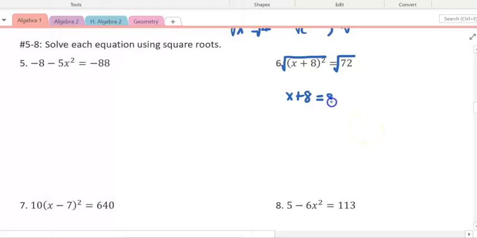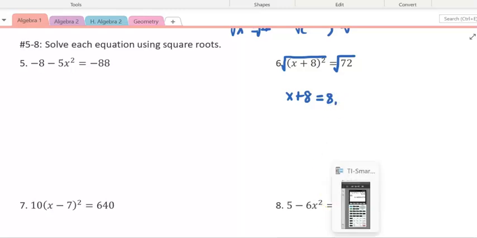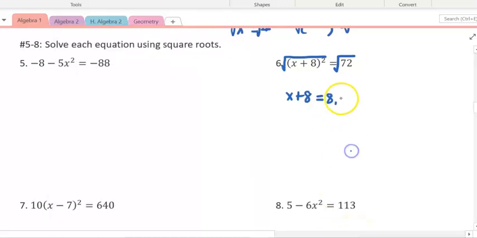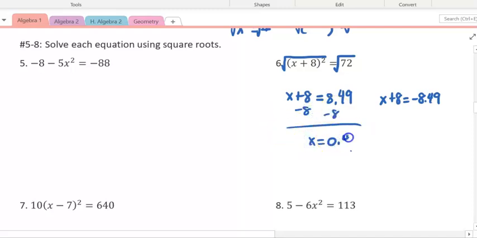So the square root of 72 is 8.49 when you round, and negative 8.49. So subtract the 8 and you get x equals 0.49, and subtract the 8 and you get x equals negative 16.49. So that's similar on number 10 because you can see it's got a parentheses squared.